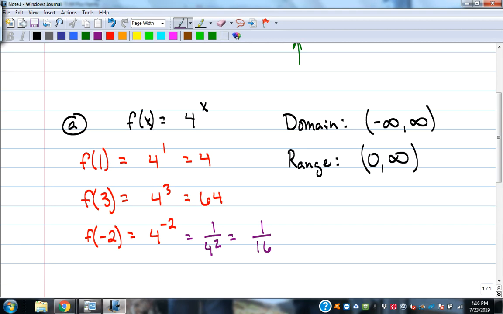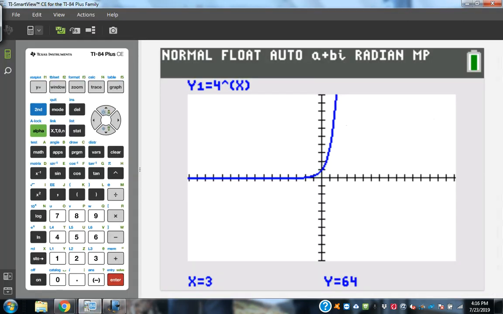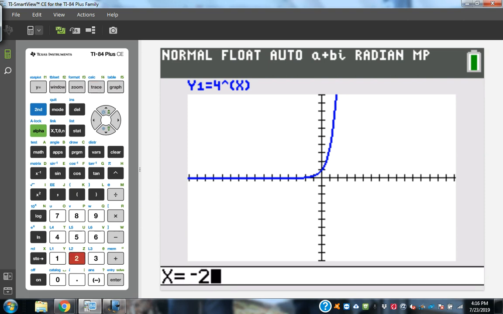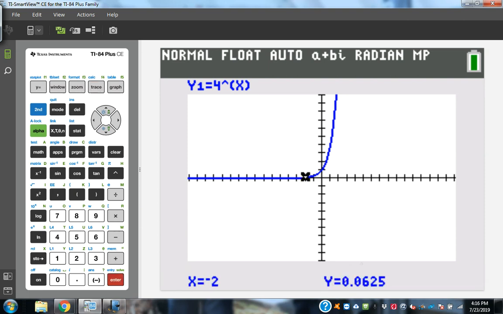Your calculator kind of loses its power there a little bit because it's not smart enough when you're graphing it. If you hit trace and then type in -2, it's going to give you back a decimal, and you can't make it change that into a fraction in this particular view.